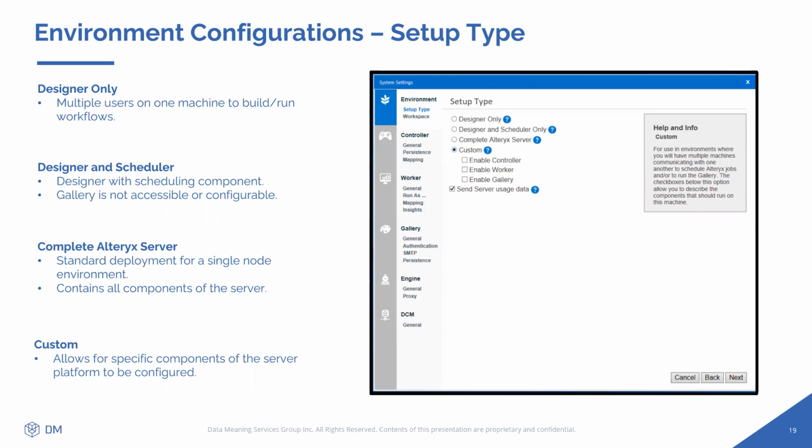The last option, send server usage data, when enabled, is going to authorize Alteryx to collect data usage for each job run. This includes manual and scheduled runs. Alteryx is going to use this information to plan future enhancements and prioritize fixes and features. But you can opt out of sending this usage data to Alteryx if you like.